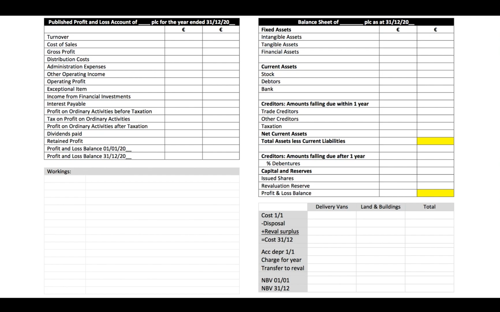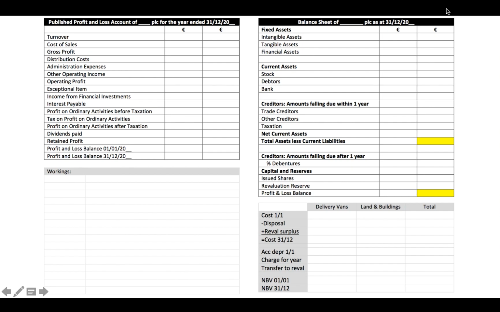So you've got your fixed assets, under which you've got your intangible assets, your tangible assets, your financial assets, and then you have current assets where you have your stock, debtors and bank. And then creditors, you have amounts falling due within 1 year, you have trade creditors, and you have other creditors, and then you have taxation. And then that is equal to net current assets, and then you've got your total assets less current liabilities.